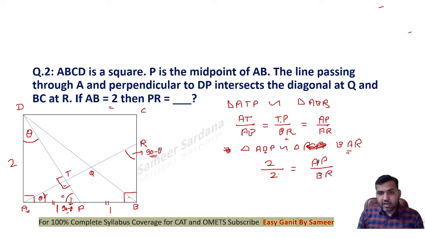Now this is 1, so you can see that the length of BR will be the same as the length of AP, and the length of AP is 1. So the moment you get to know the length of AP is 1 centimeter, you can easily solve the question.